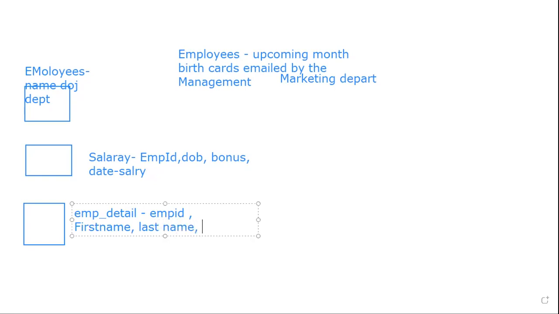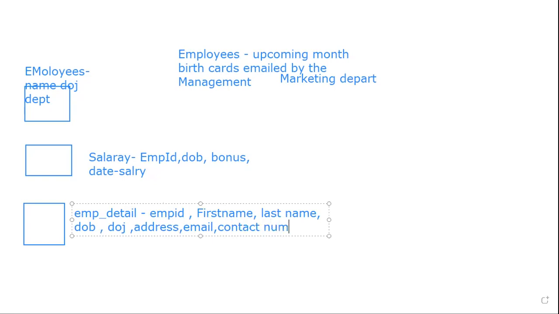You may have the column of date of birth, and the detail of date of joining. You may also have their physical addresses, their email IDs, and their contact numbers. Fine. So this is what we have.